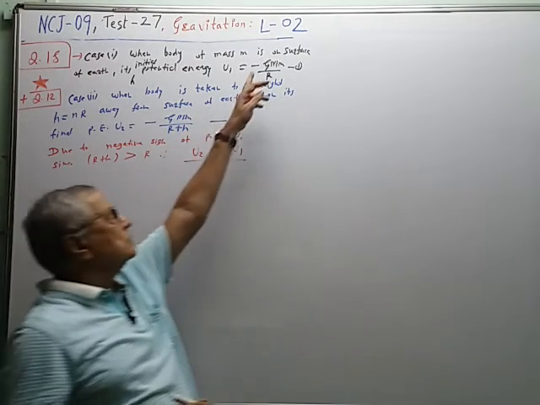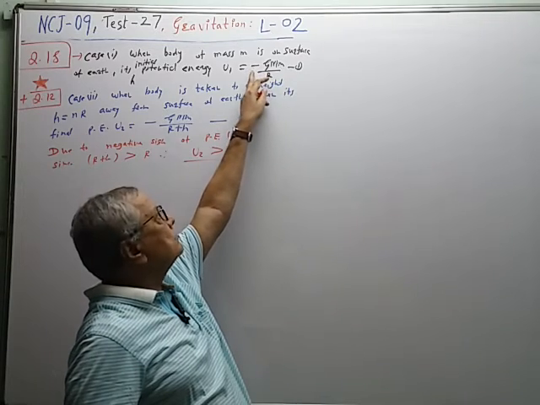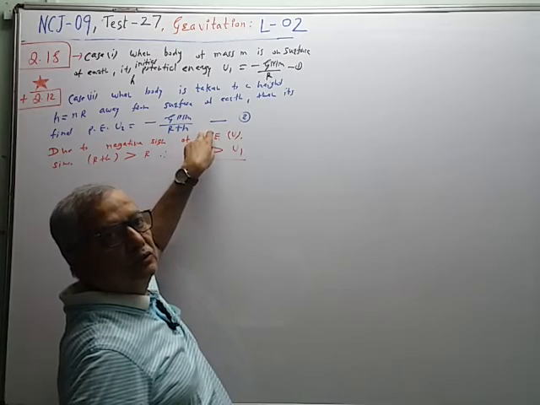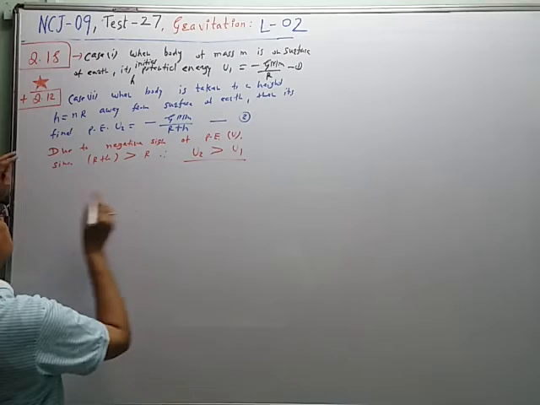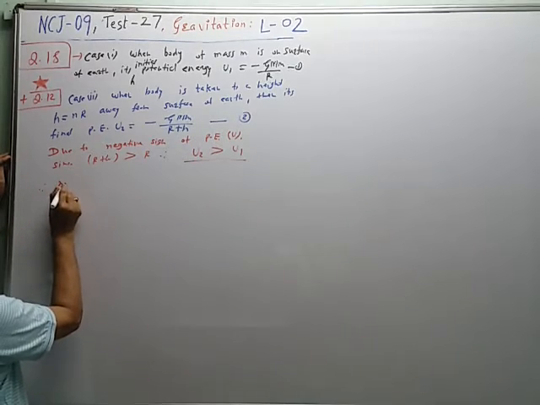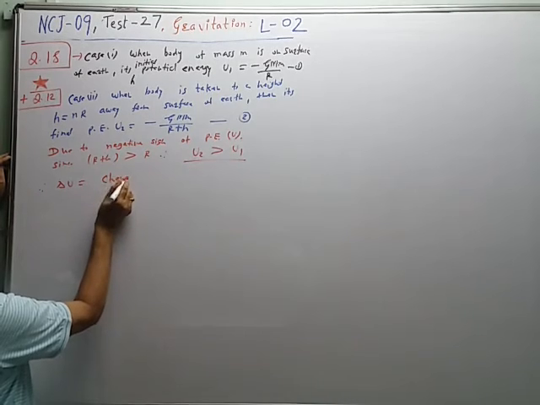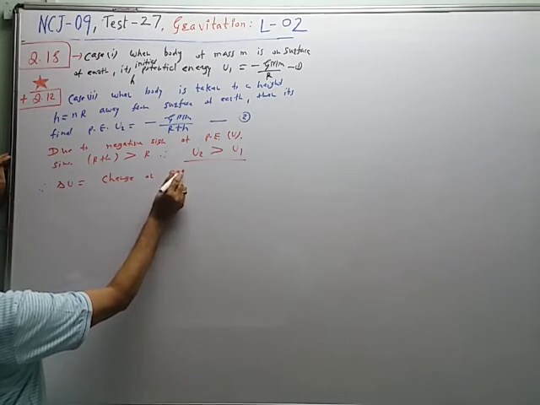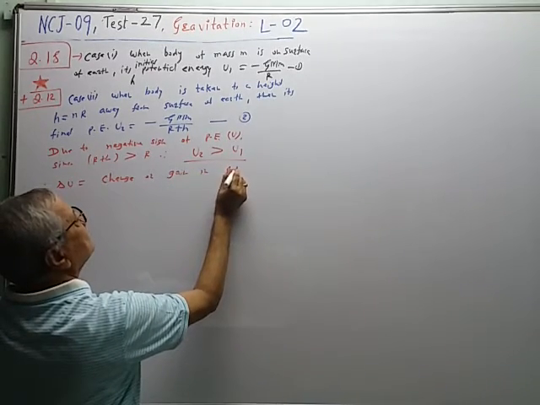For example, say this is R, the smaller value, so this will be say minus 8, and this is minus 5 because this is R plus h. So minus 5 is more than minus 8. So U2 is greater than U1, therefore delta U is equal to change or gain in potential energy.